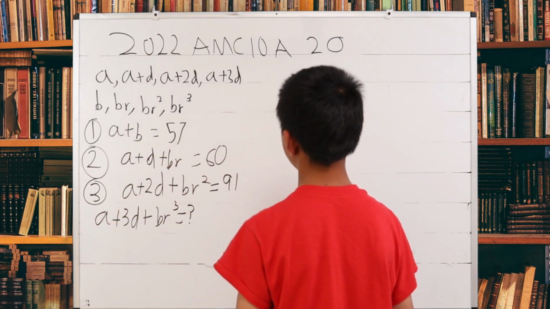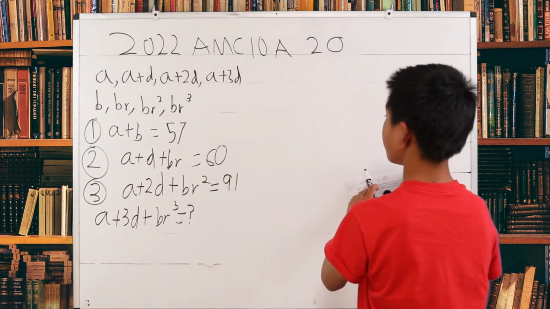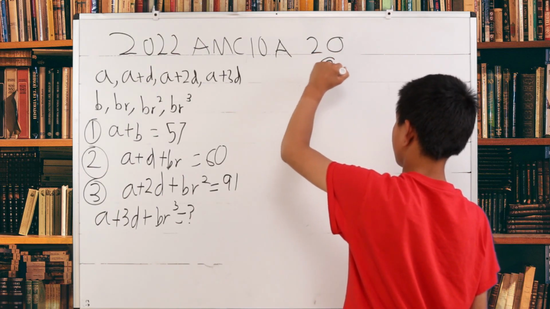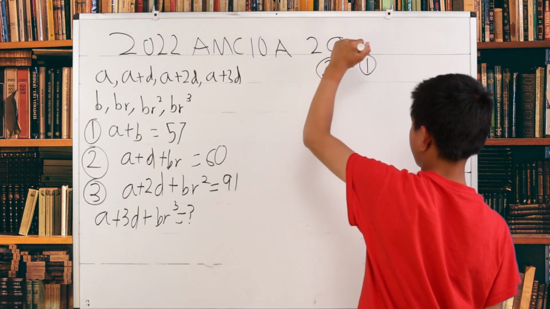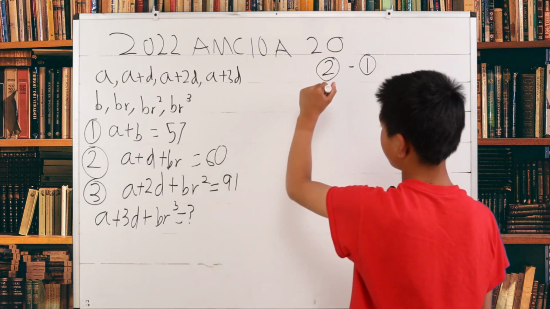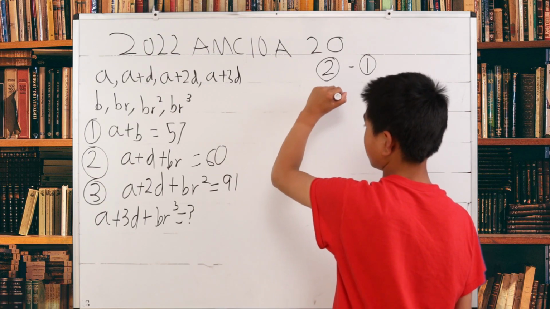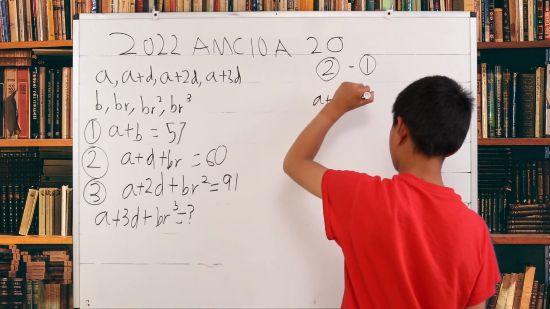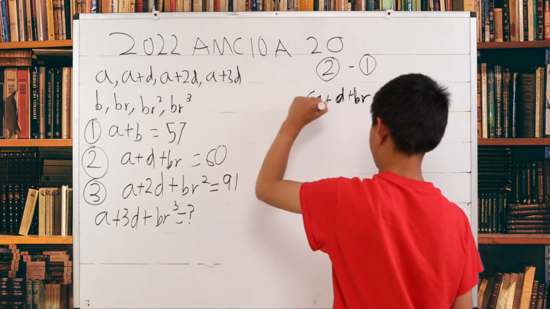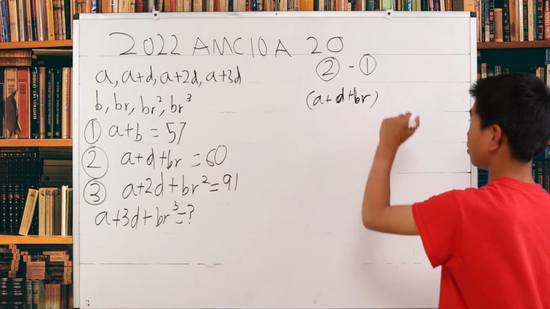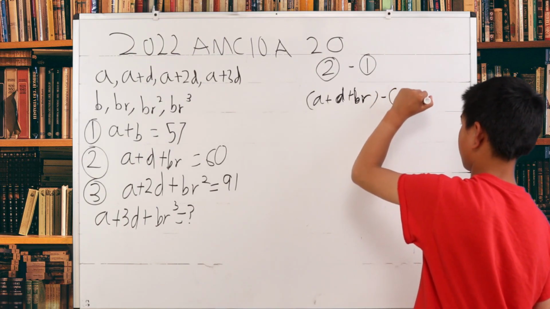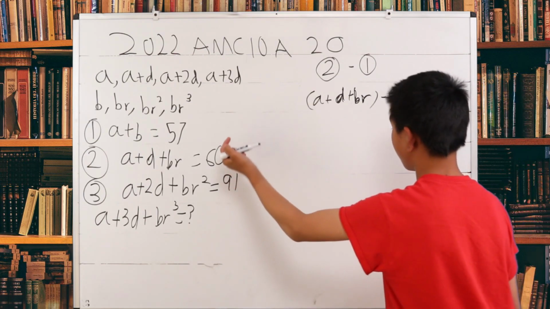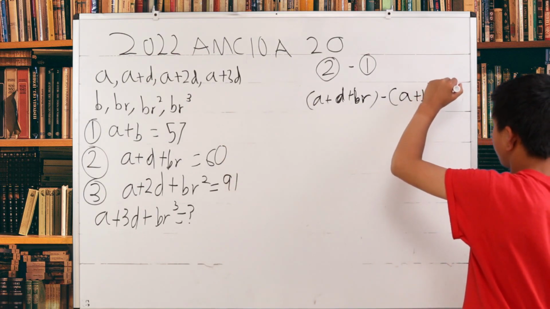Now, the first step in solving this is, we have to subtract. So, equation 2 minus equation 1. This is just going to be equal to A plus D plus BR minus A plus B, which is equal to 60 minus 57, or 3.